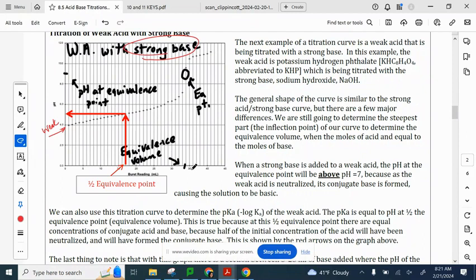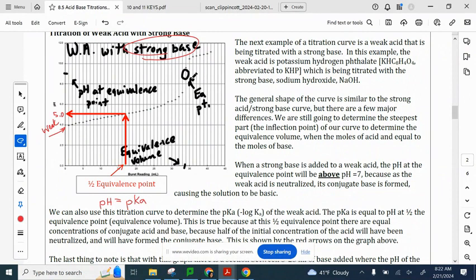What's half of 35? 17 and a half. So if I find where 17 and a half is, I go up to the line and over. I find what that pH is. That's about 5 here. Okay.